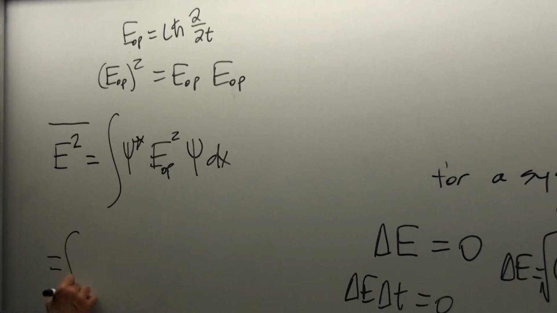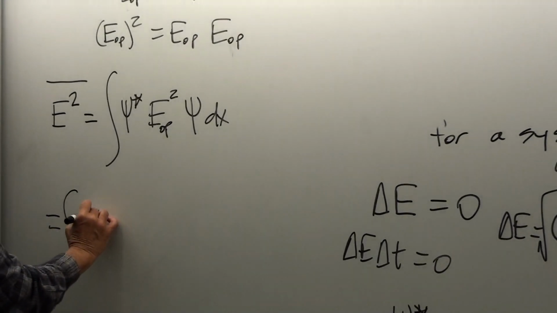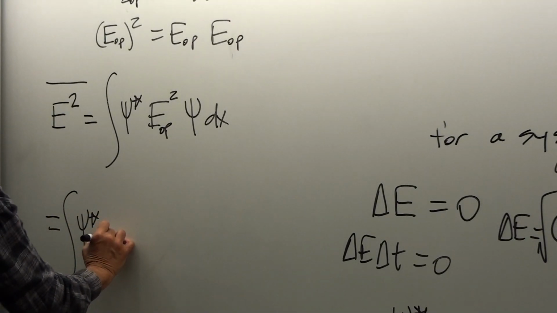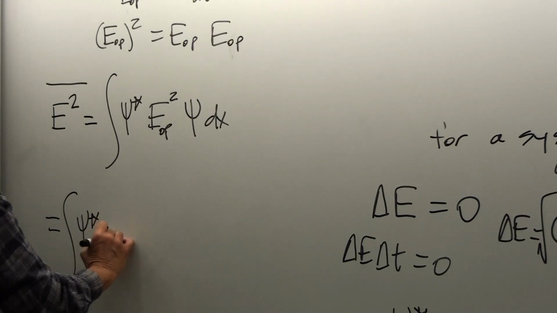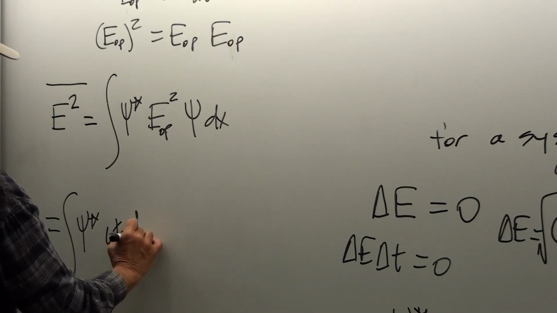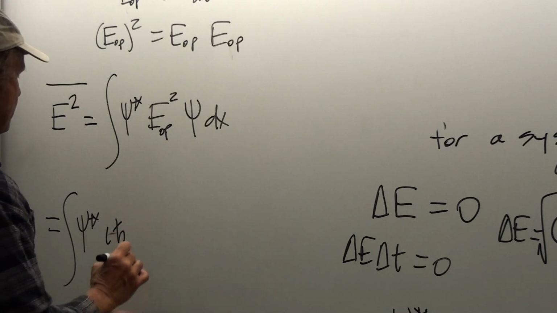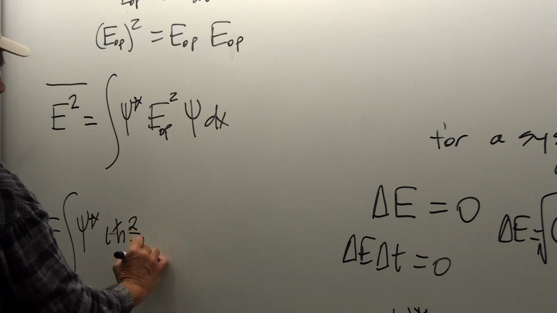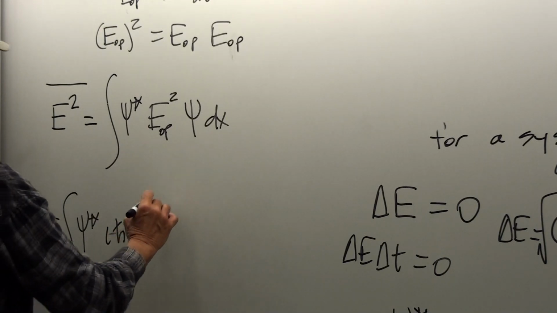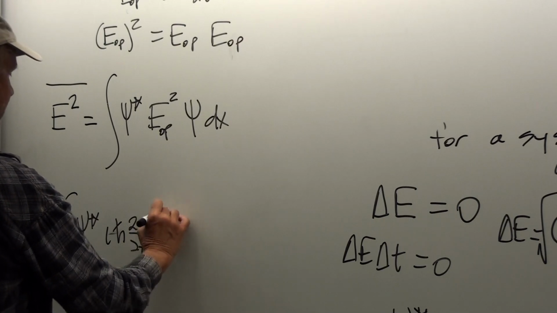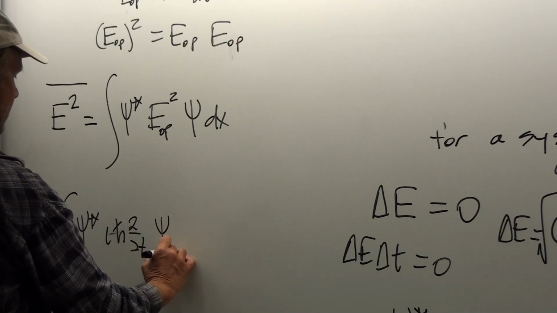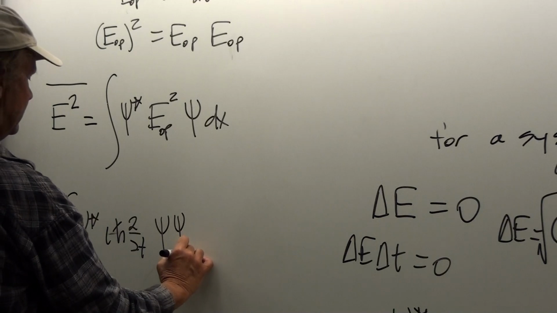So this is going to be the integral then of psi star times i h bar partial with respect to time of psi x psi t.